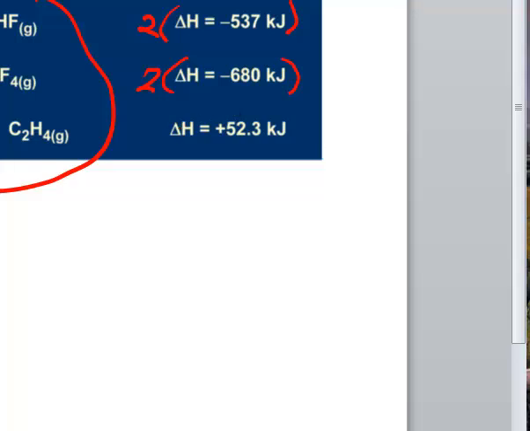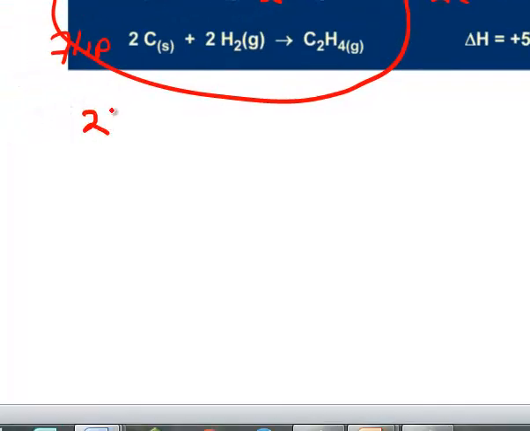So I'm going to rewrite everything. And this might take a little bit of time, so that gives me 2H2 plus 2F2 gives me 4HF.